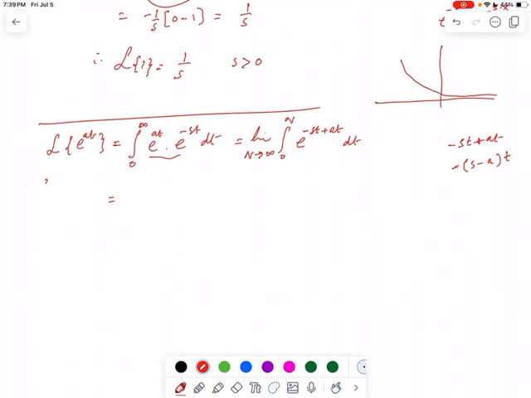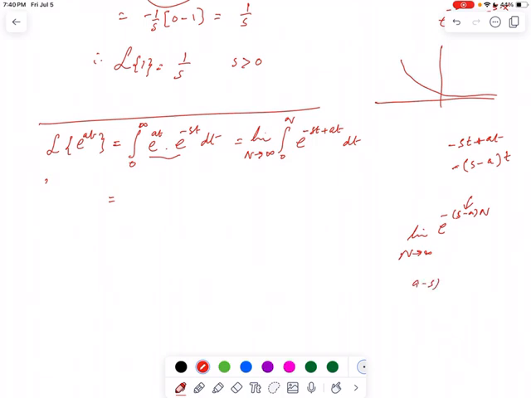Eventually we will arrive at something like e to the negative s minus a times n, and the limit as n goes to infinity. So written in this form with the negative sign outside, it clearly shows that if s is greater than a, which means this quantity is positive, then the limit goes to 0.